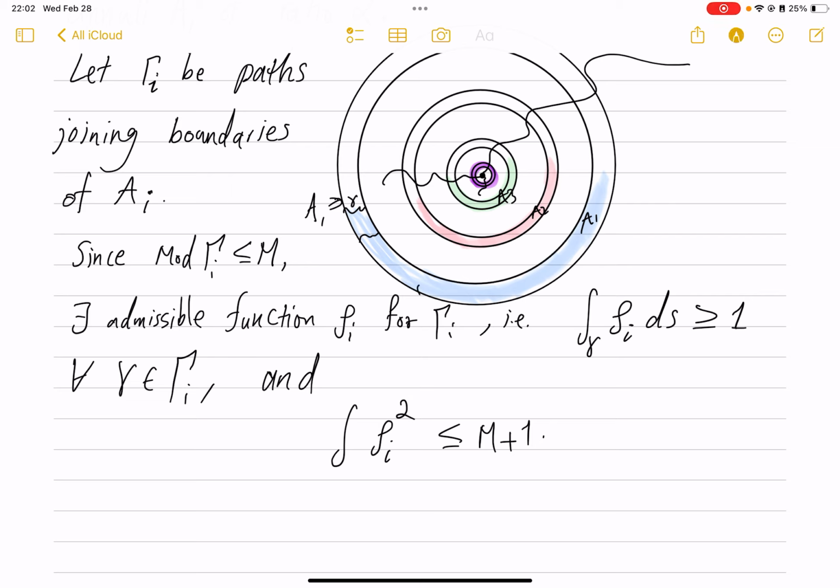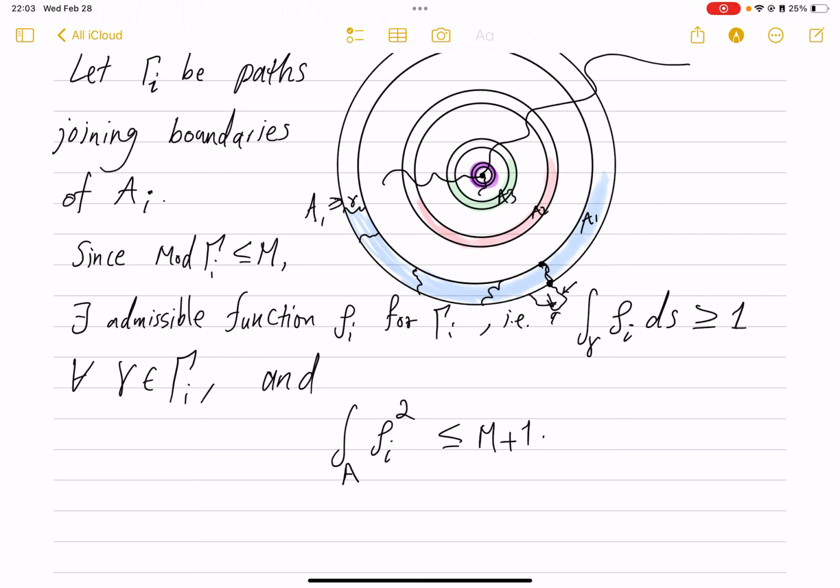It's easy to see that you don't need to assign any weight, any rho I, outside the annulus, because if a curve does go out and come back, you don't need to pick up any integral over the part that leaves the annulus, because this subpath will give us enough integral to get bigger than 1.